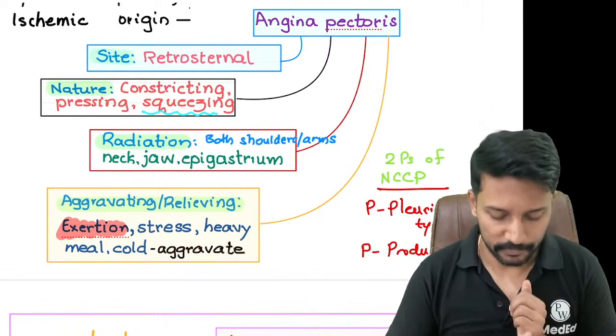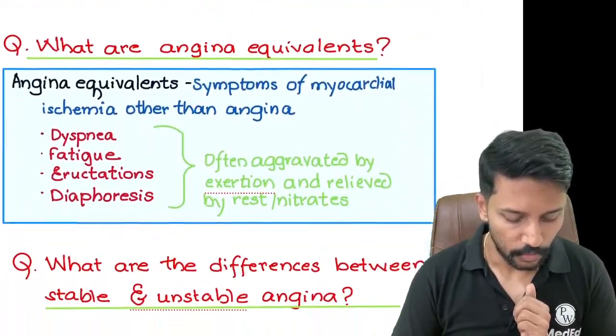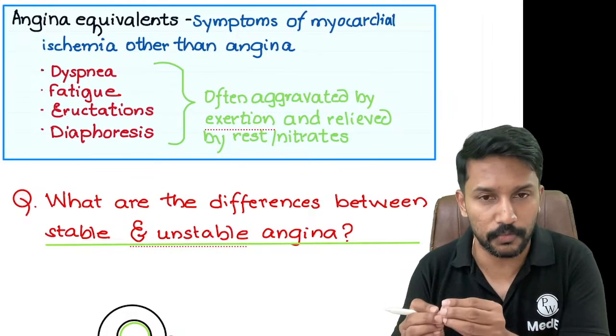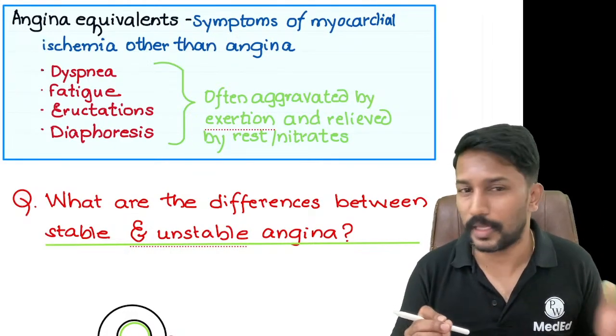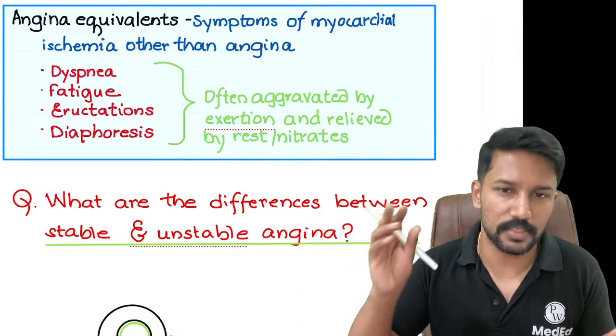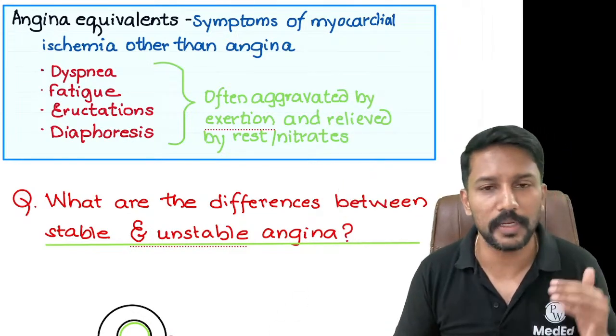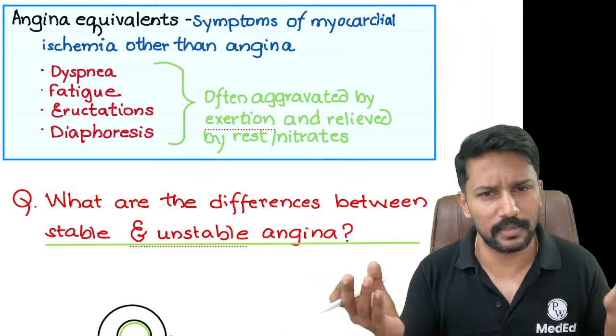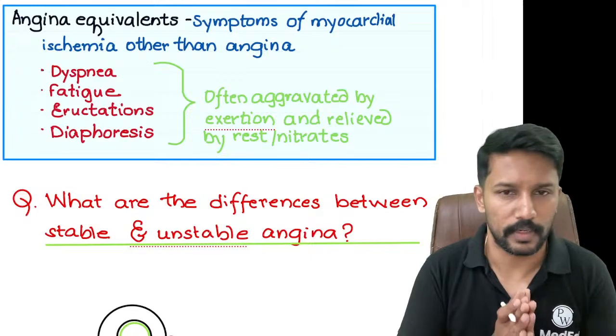In such patients, if they present with dyspnea, fatigue or diaphoresis, we should consider them as angina equivalents. They may be because of other causes, I am not denying it at all, but you have to investigate for myocardial ischemia, do the ECG, cardiac troponin. If it all turns out to be normal, think of other causes. If they show up that patient has ischemia, then these are definitely angina equivalents.